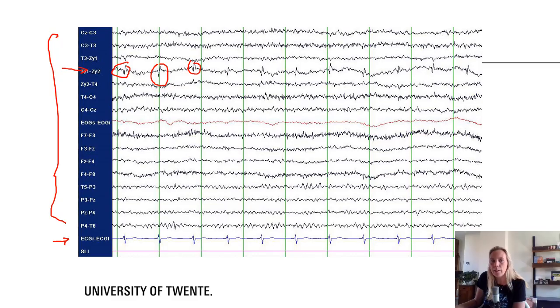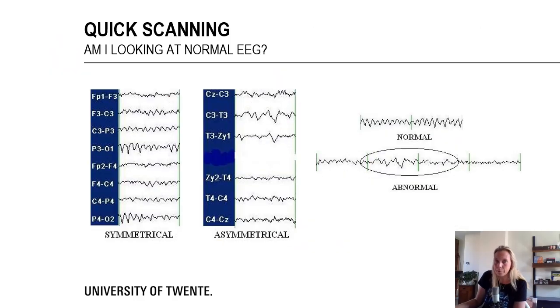For this, you need to look at the whole spectrum again, and you see, hey, they seem to be related to the ECG, the electrocardiogram. So in fact, this sensor on the skull seems to be picking up activity from the heart. So it's a heart artifact, and you need to filter it out.